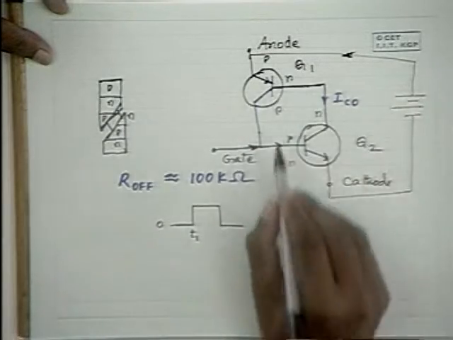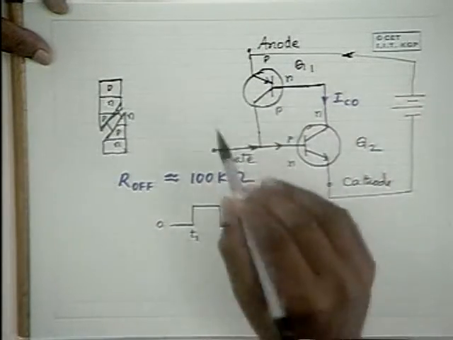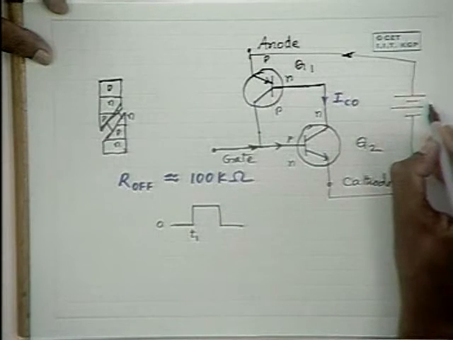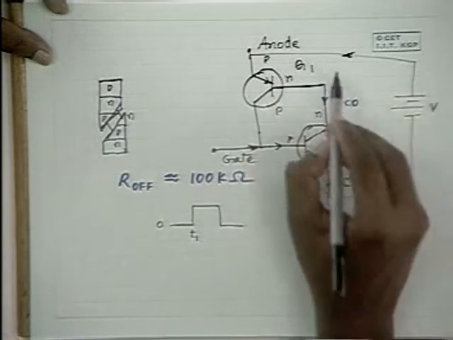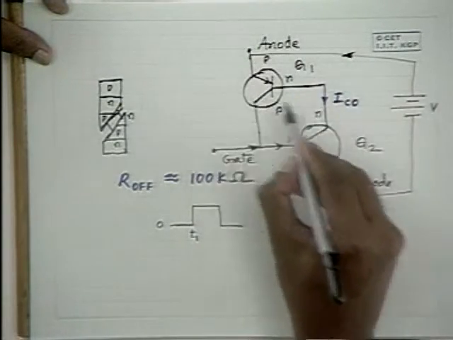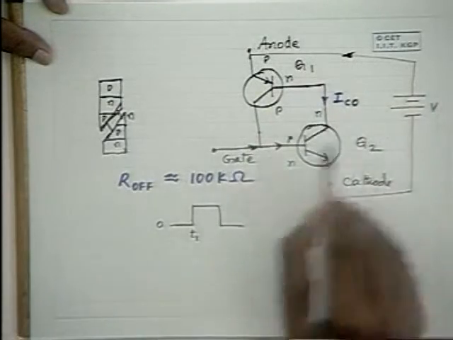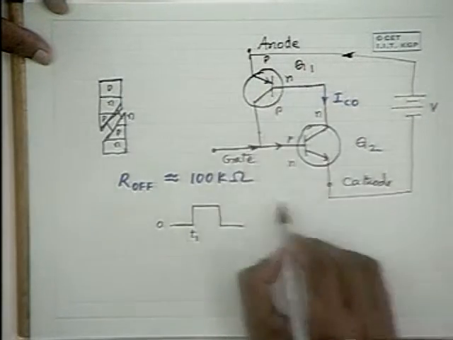Hence this circuit almost acts like a short circuit. For a finite voltage V, a large amount of current flows through this, and as a result this acts like a switch.